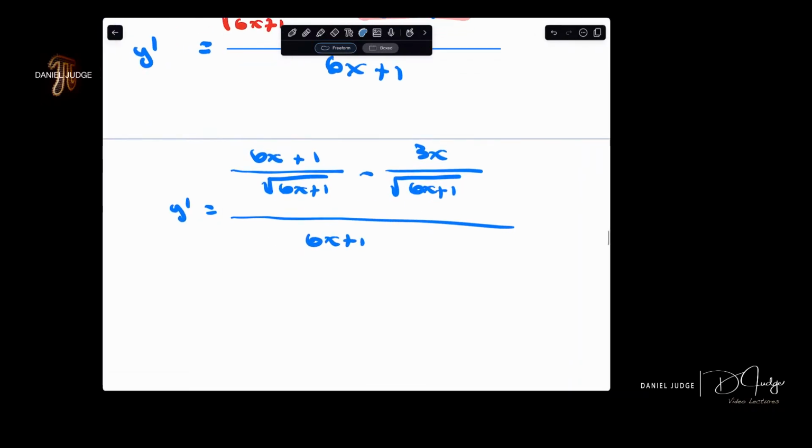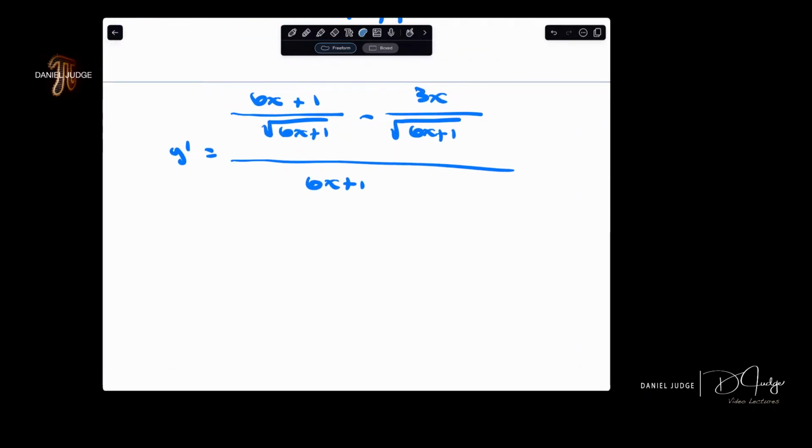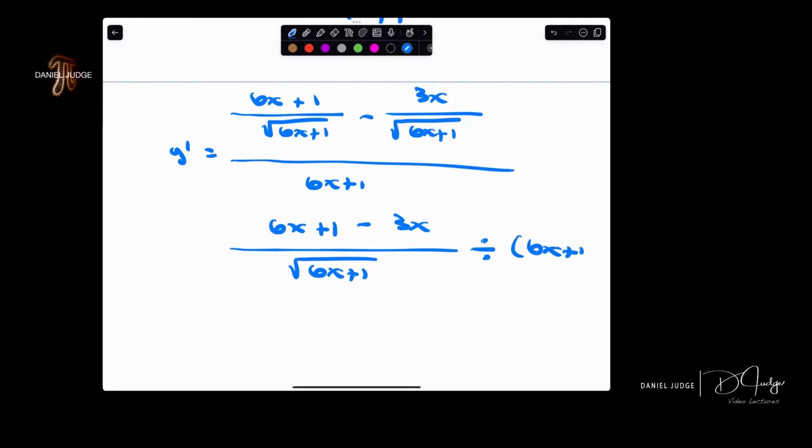So just perform your arithmetic with your fractions now. This will be 6x plus 1 minus 3x over the radical of 6x plus 1. And I'm going to put divided by 6x plus 1 because that's really what's happening.